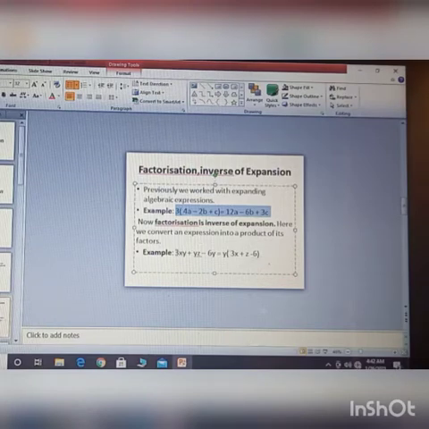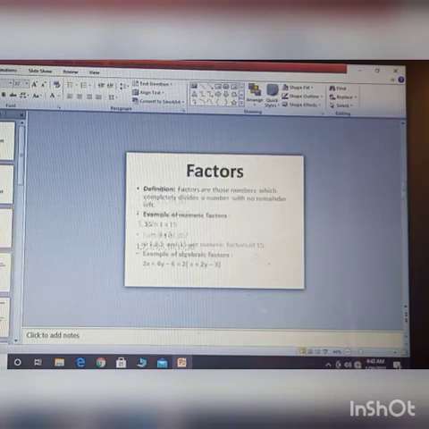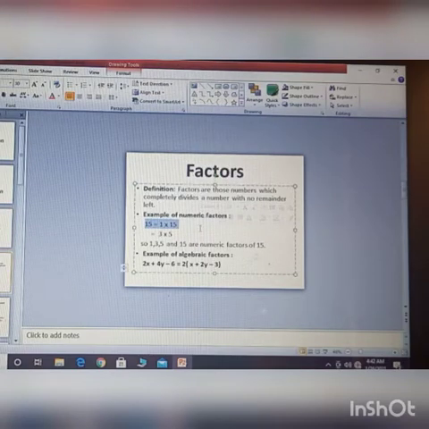As in the previous example, when 15 was there, how did we write its factors? 1 multiplied by 15. We chose two of its factors and multiplied them. Another name for multiplication is product. So whenever two factors are written in product form, that is called factorization of that number.